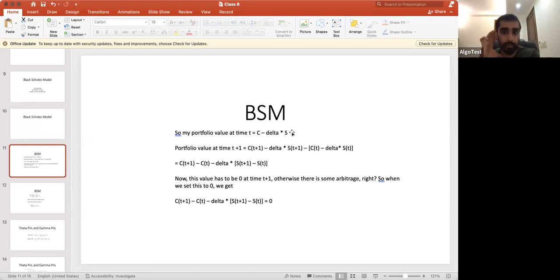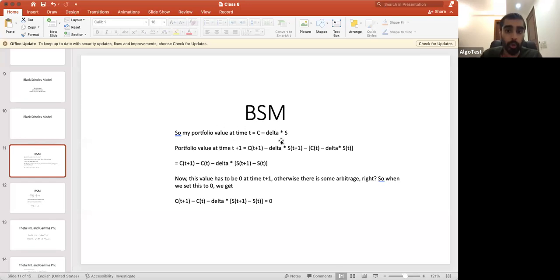But I talked to you guys about theta and gamma in the beginning, right? So what I'm trying to do now is get you to appreciate the fact that there is a very significant relationship between theta and gamma, and it'll really help us reason how we think about options.